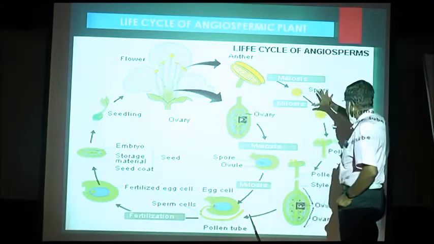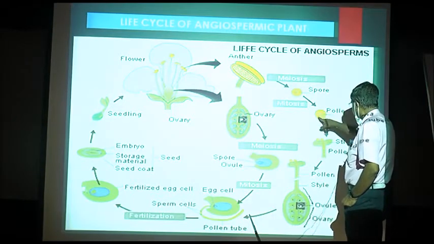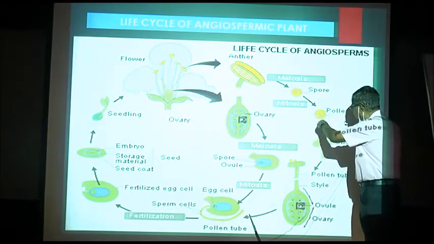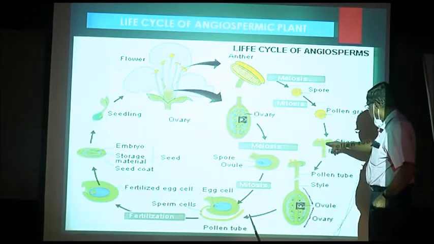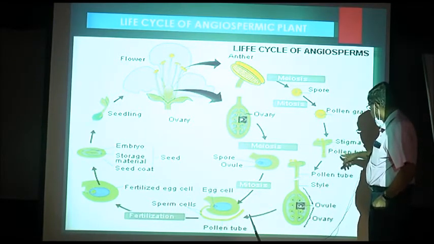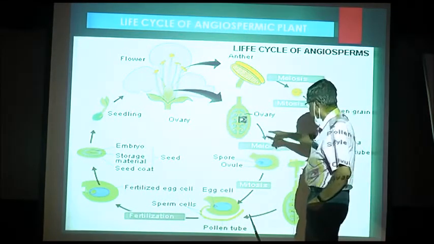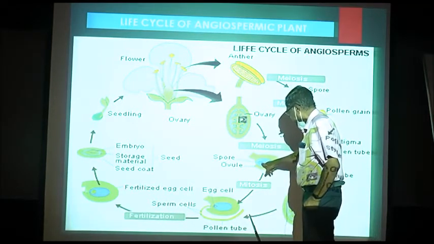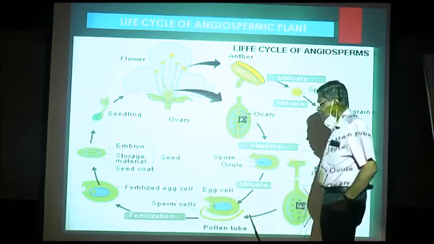Now this spore develops into microspore, which develops into pollen grain with exine and intine that we have discussed in the last class, and it reaches the stigma through the pollen tube. Now here by meiosis this megaspore is formed, that by division forms what is known as embryo sac.